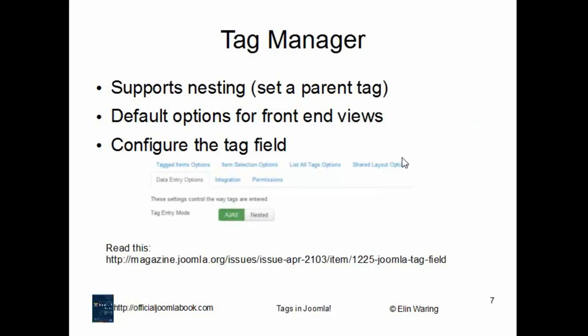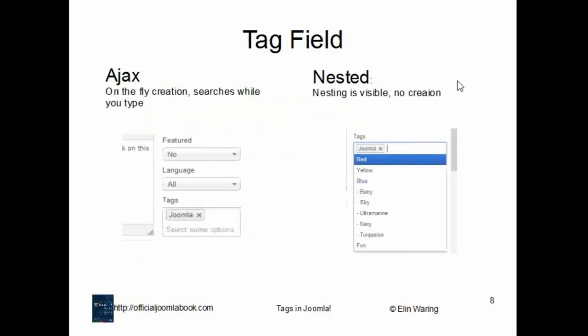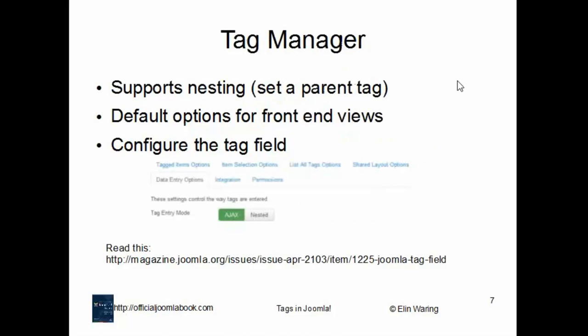Most tagging systems don't support nesting, but this was a feature that was much desired in the discussion when we were implementing tags. It was asked for in many places, and it's actually proven to be a quite useful and popular feature to be able to nest tags. So when you create a tag, you select a parent. You can, if you want, select a parent just like you would in a category. You don't have to.